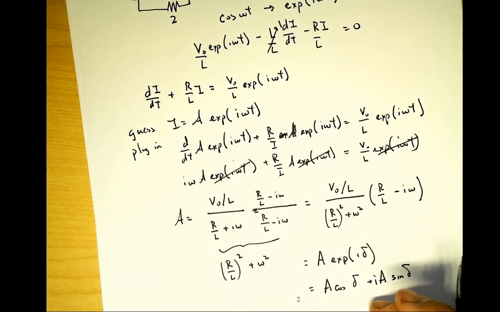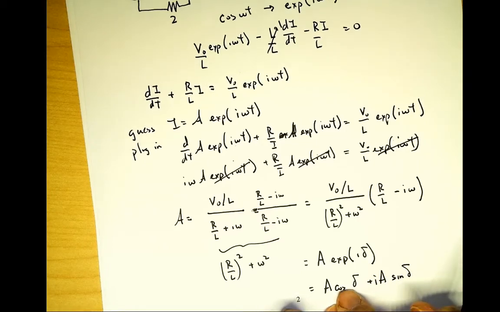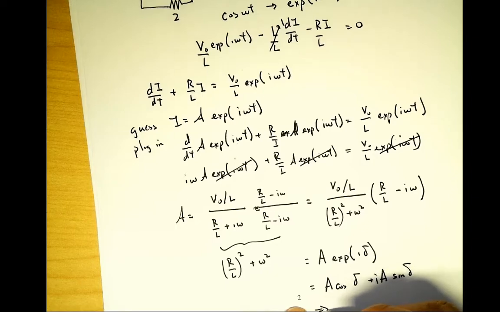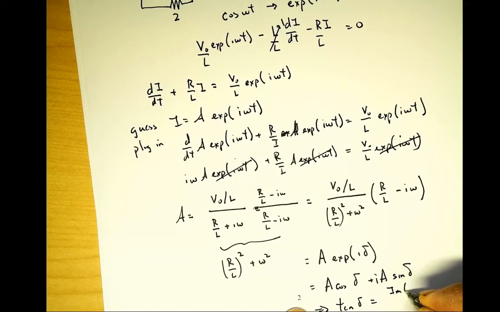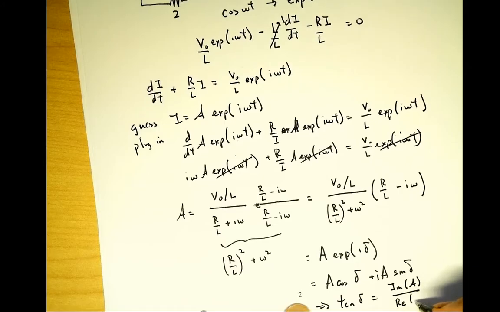And that means that if you divide the imaginary part by the real part, you get a tangent. So that implies that tangent delta is equal to the imaginary part of A divided by the real part of A.